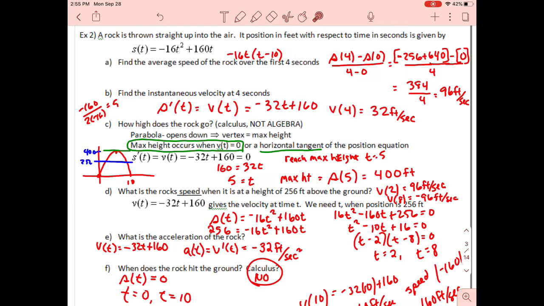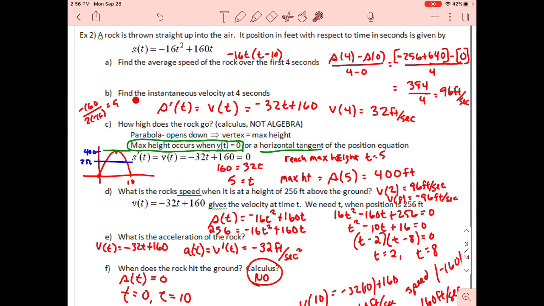If you do the calculations, plugging 4 into the S function, you'll get negative 256 plus 640, subtract S of 0, which is 0, and you end up with 384 over 4, which is 96 feet per second. That's the average velocity, and since it is a positive number, it's also the average speed, 96 feet per second. If that had been negative, you would have had to change it to a positive for average speed.